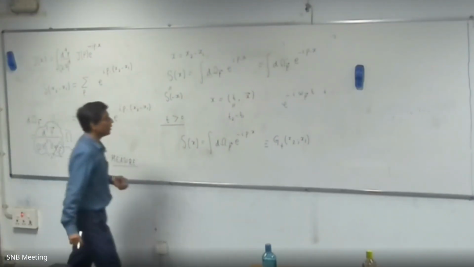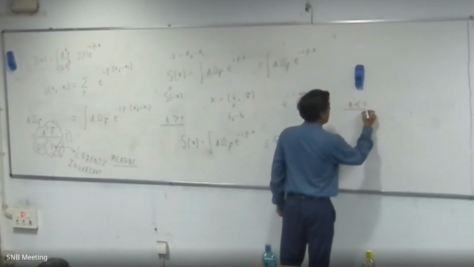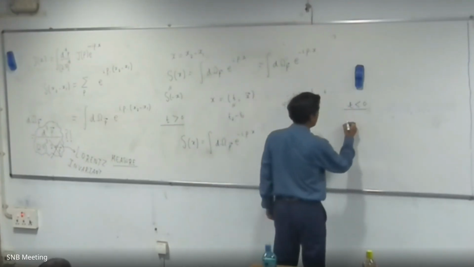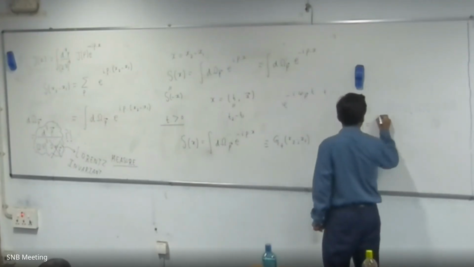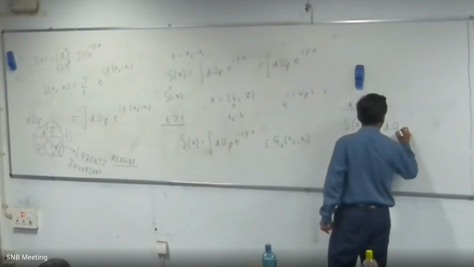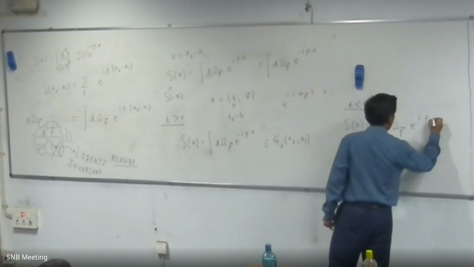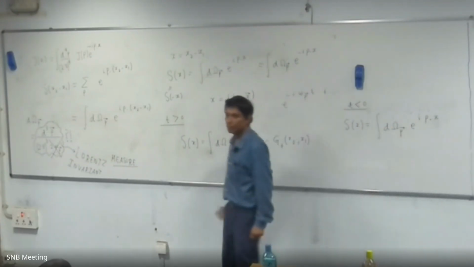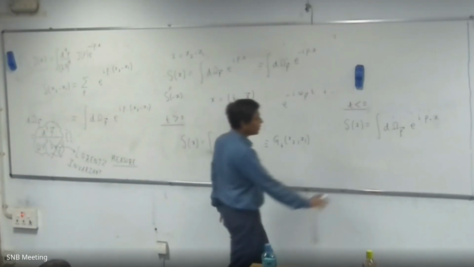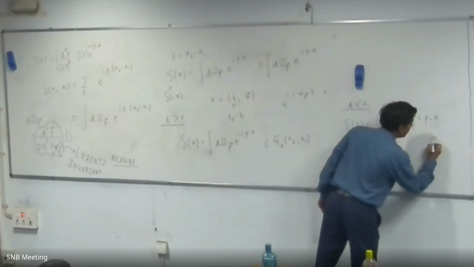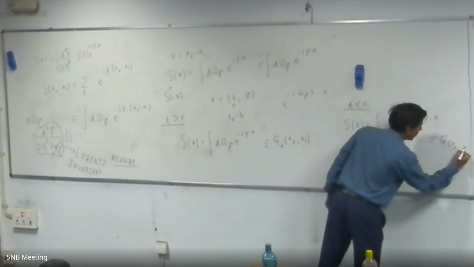And what about for t less than 0? For t less than 0, you can show that s of x is basically the integral d omega p e to the power of i p dot x for t less than 0. And this thing I shall define to be g minus. This is just by definition.